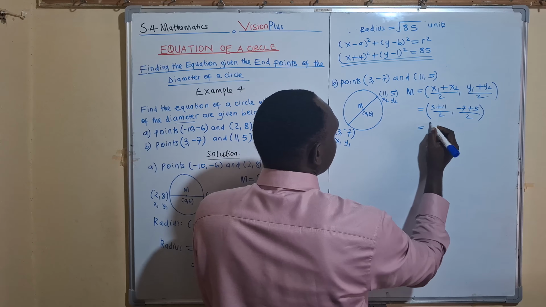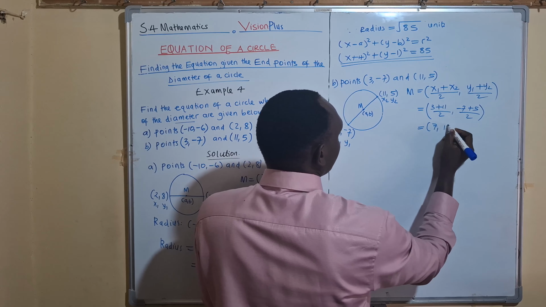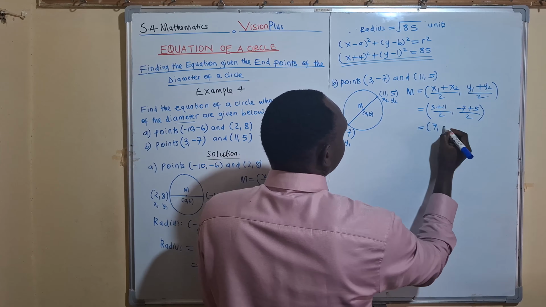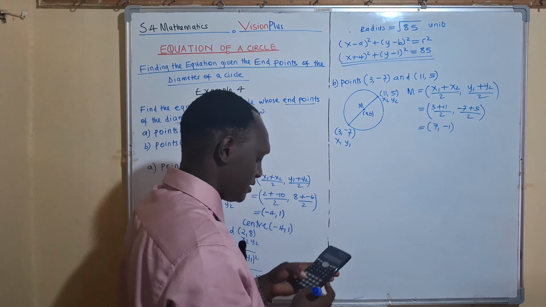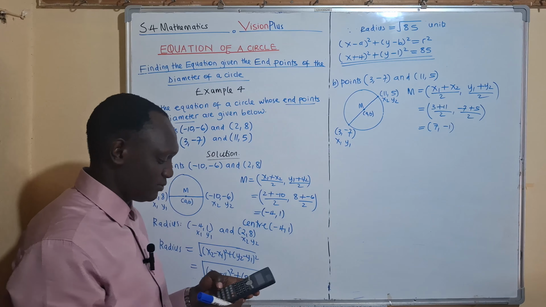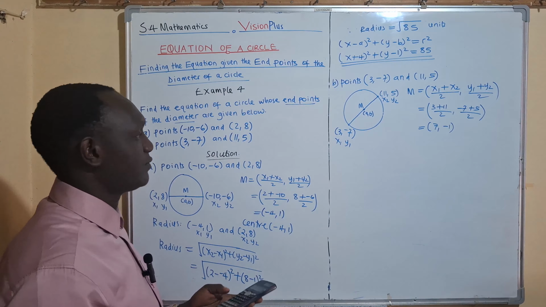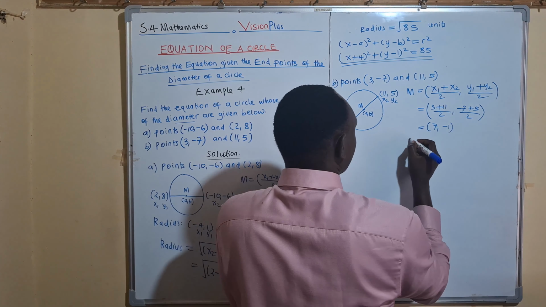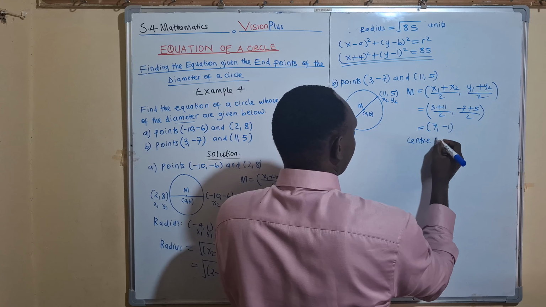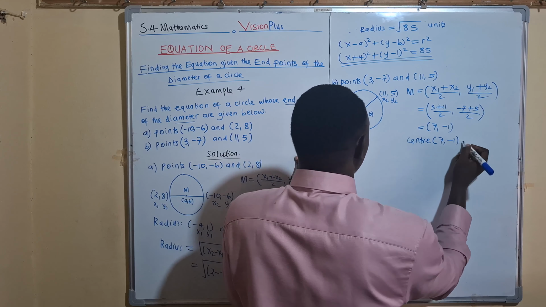Then you add and divide. Here we shall get 7, and there we shall get -1. Because 3 plus 11 divided by 2 is 7. -7 plus 5 divided by 2 is -1. So these are the coordinates of the center. So you come and say therefore center is (7, -1).